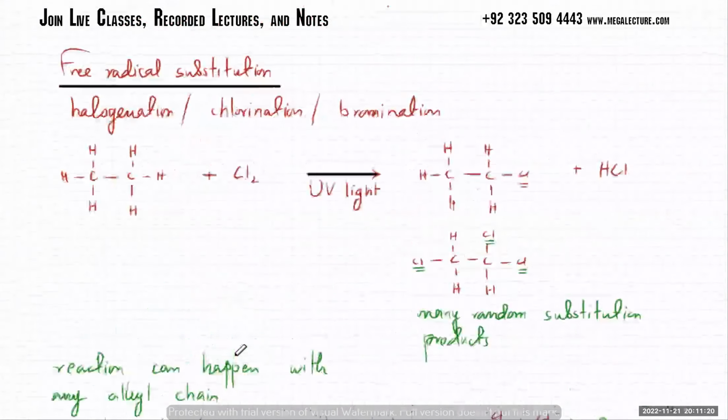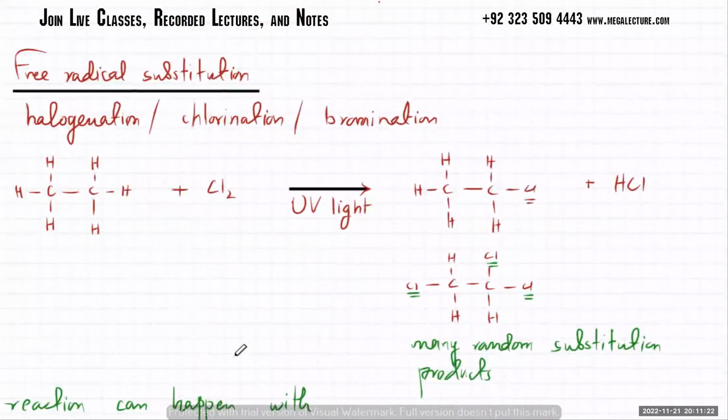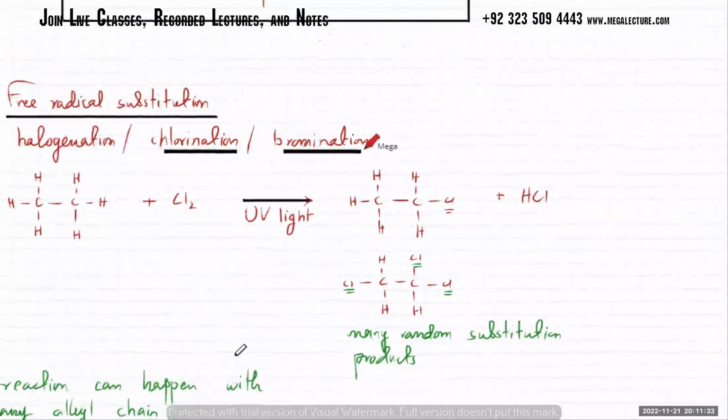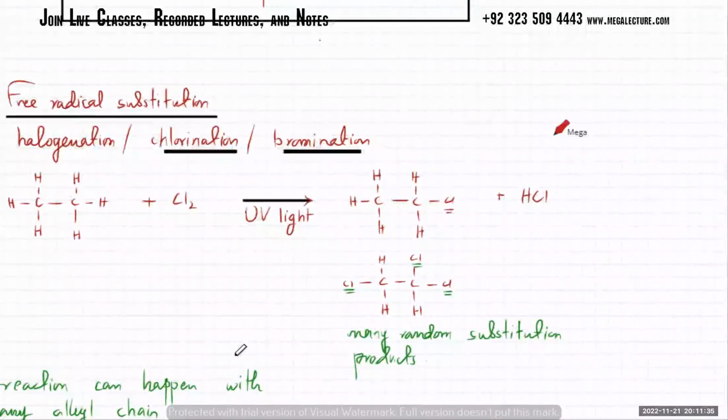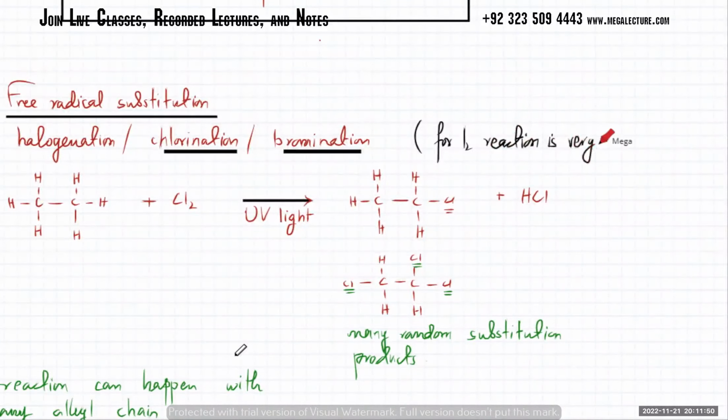Also remember this reaction, you can call it chlorination, can also happen with bromine as well. But it's usually not going to happen with fluorine or with iodine. For iodine, the reaction is too slow.